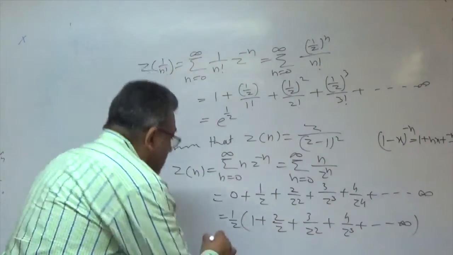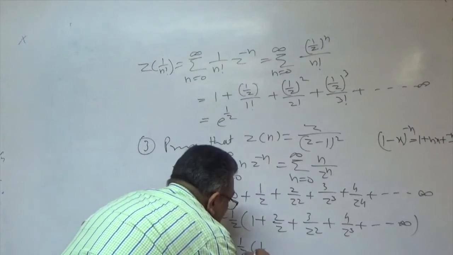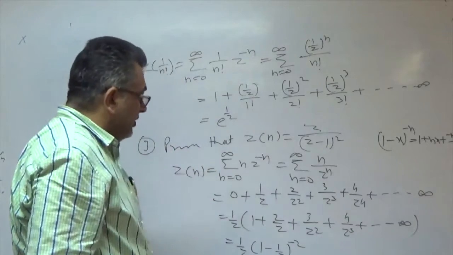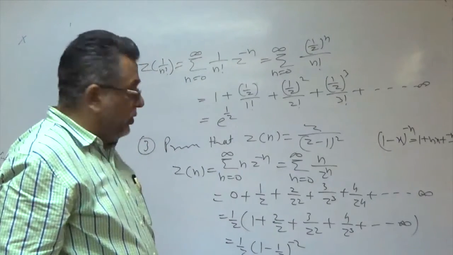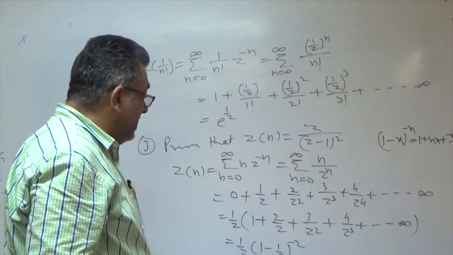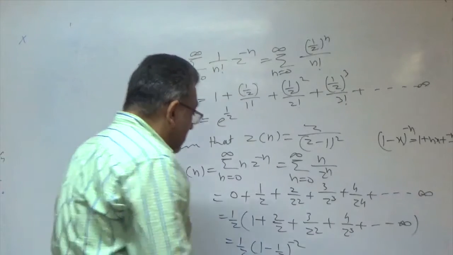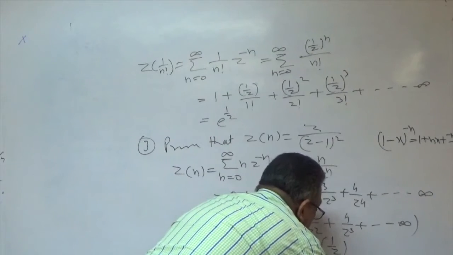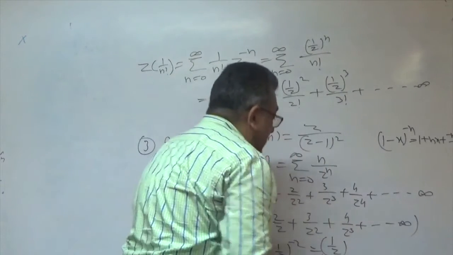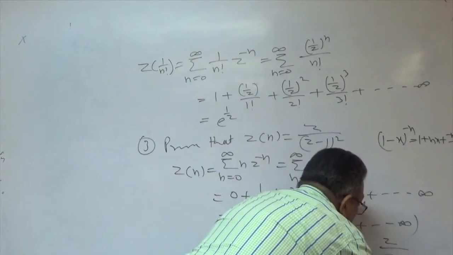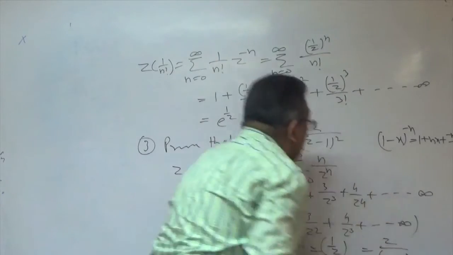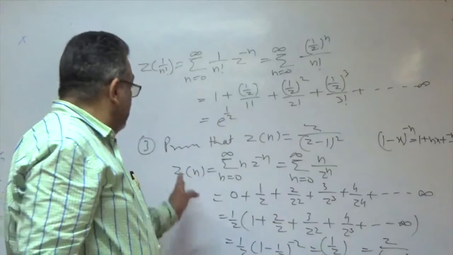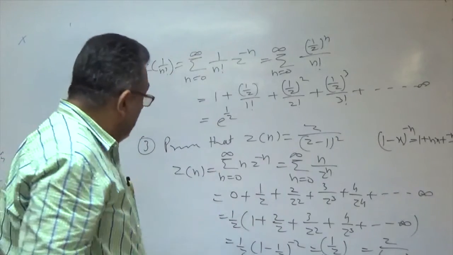So by this series, we see that this is simply 1 minus 1 by z whole power minus 2, because the first term is 2, n is here 2, right? Now calculate this. If you take the LCM, this is 1 minus 1 by z whole square. If we take the LCM, 1 z is cancelled out, and this is z upon z minus 1 whole square, and that is your required result. That is your expression, right?